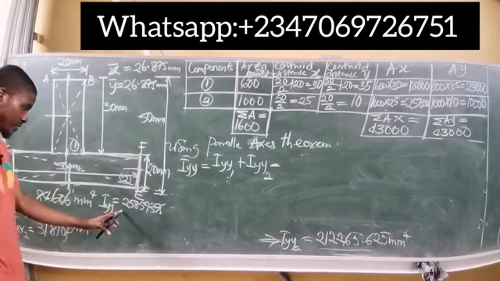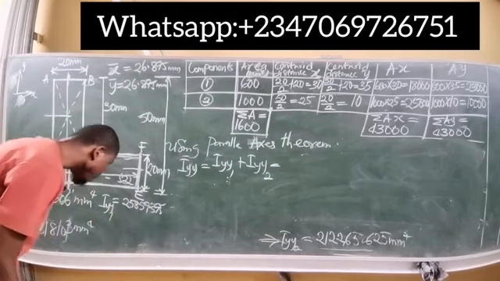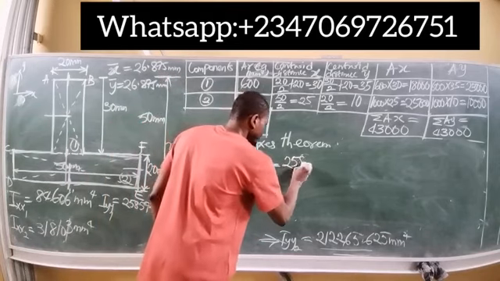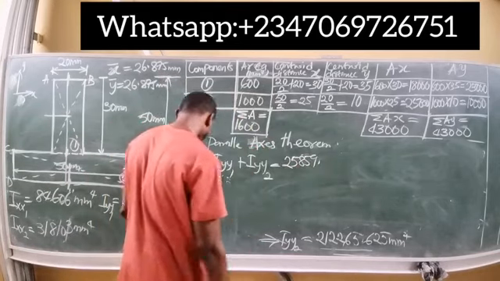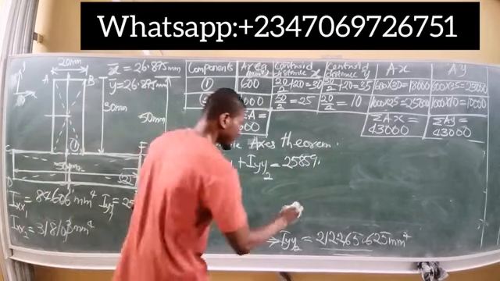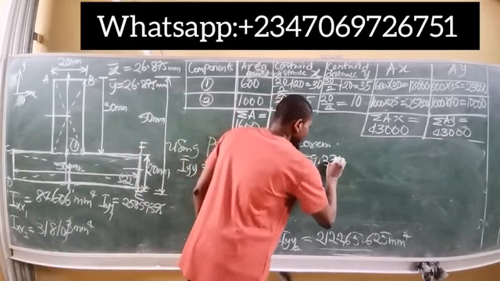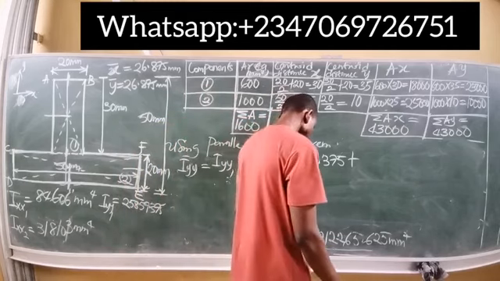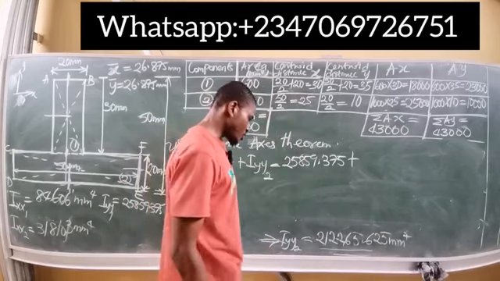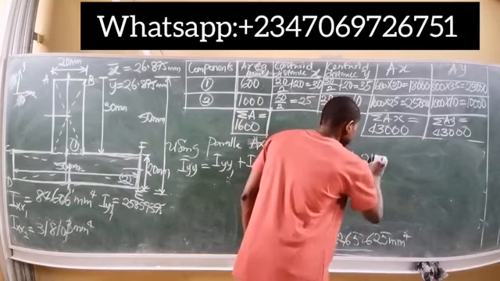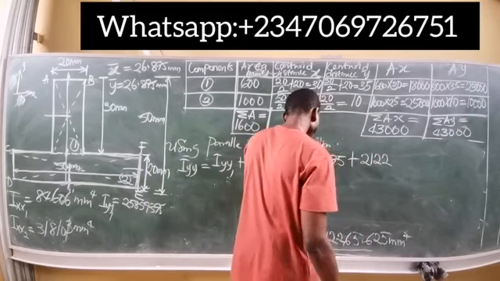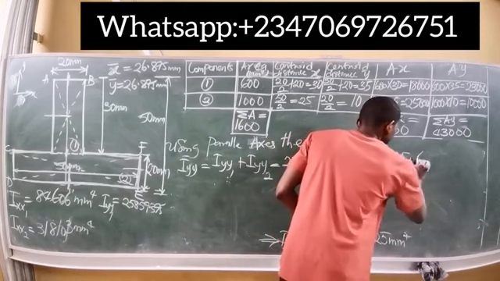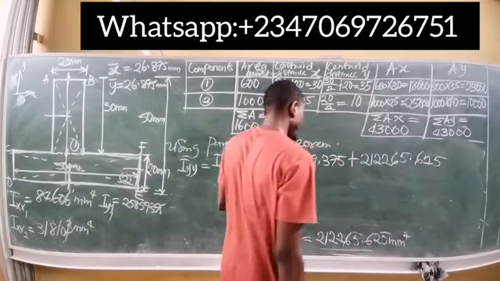Iyy1 gave us 25,859.375 plus Iyy2, which is 212,265.625.